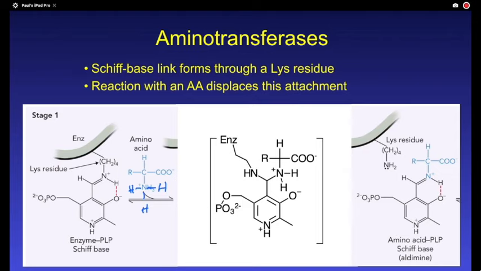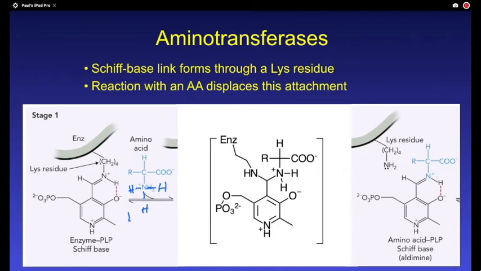If you can see, this nitrogen is in the amino acid. That's the nitrogen. It has to connect to the carbon that was connected to the nitrogen of the lysine. And so I have to attack it at this carbon so that that carbon has one nitrogen to the lysine and now one nitrogen to the incoming.